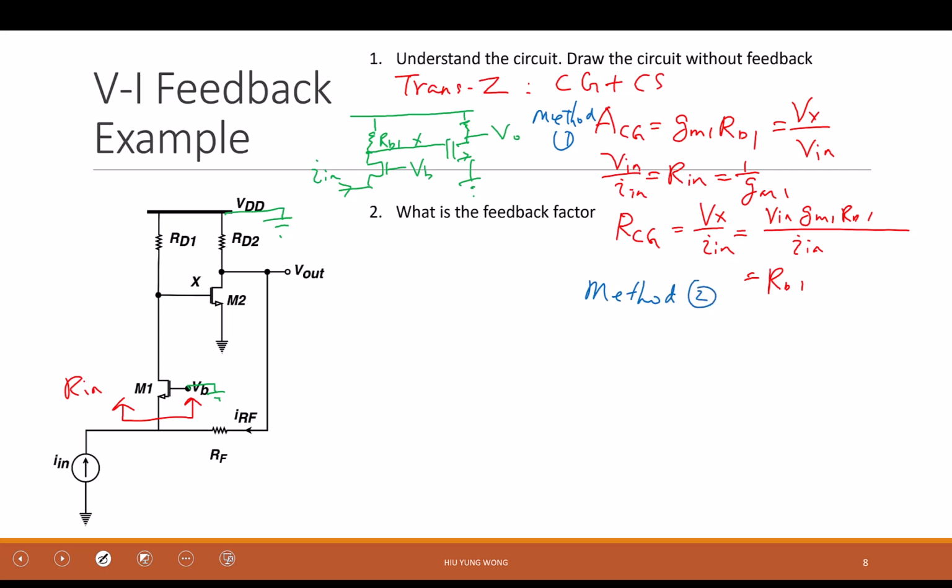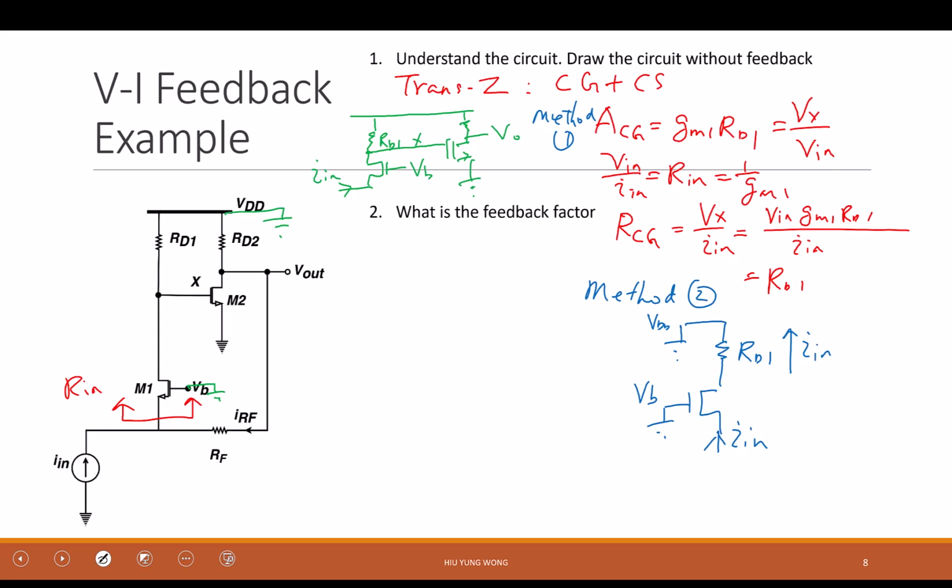Again, this is a repetition. We did that before when we saw this circuit in another class, right? You can think of this: this is VDD, it's grounded. And then this is RD1. And then this is VB. You put in the small signal I in. Isn't it that I also have I in going into the RD?